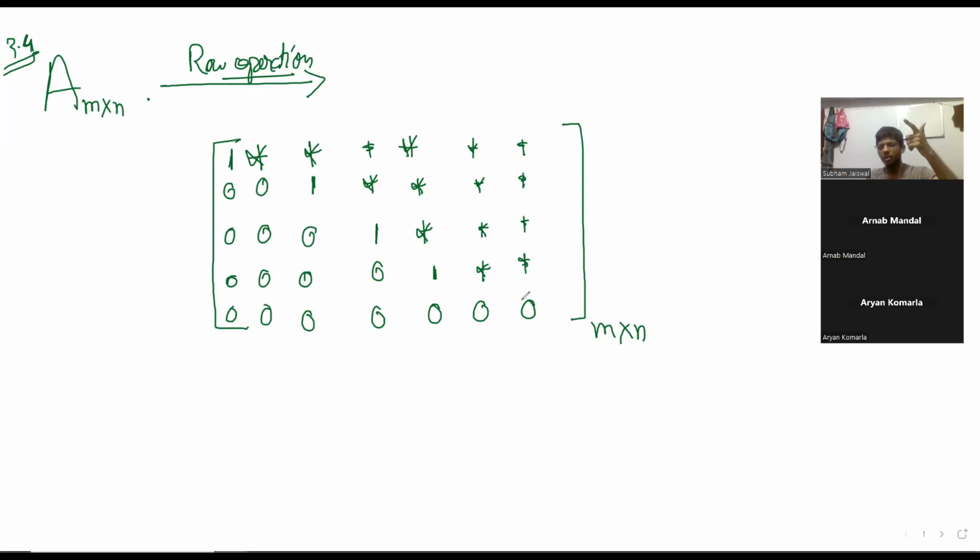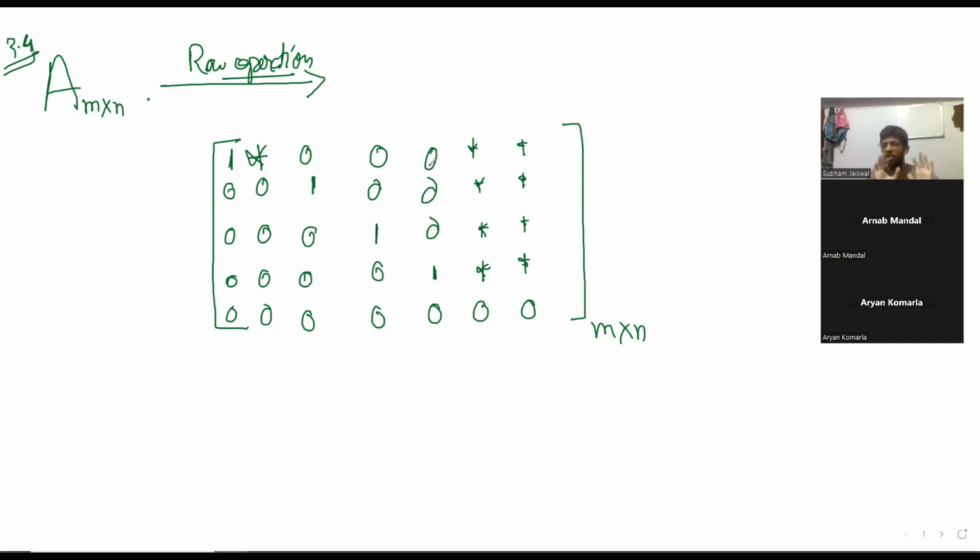The entries above, obviously, you can also make 0 in those columns. So the columns corresponding to the first non-zero entries of some row are entirely 0 except for that entry.